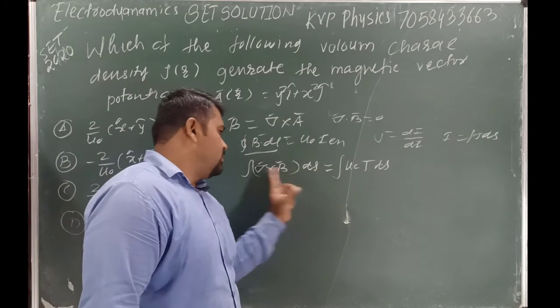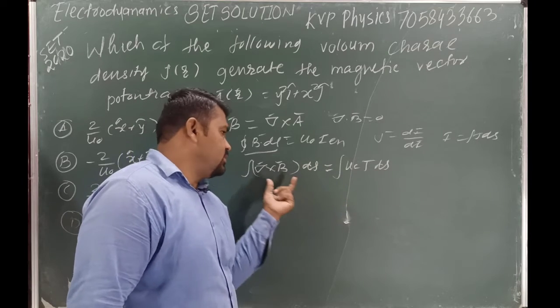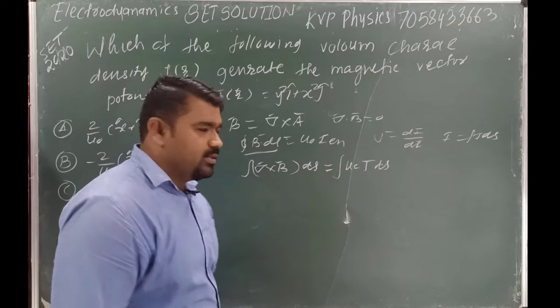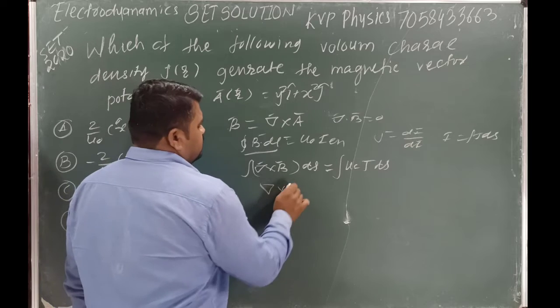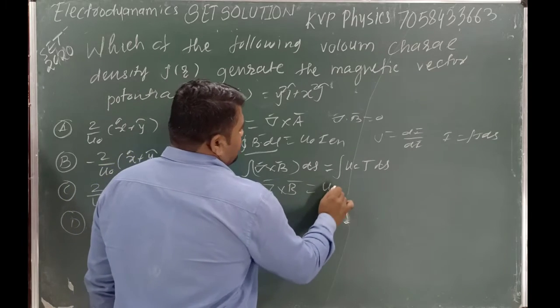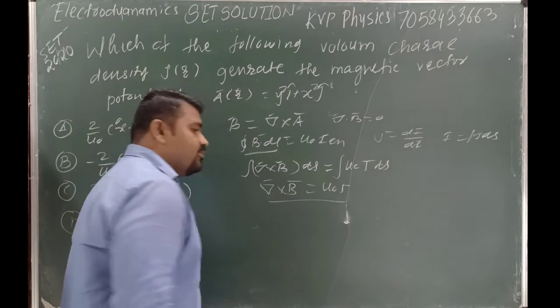Comparing these two terms, del bar cross B bar is equal to mu naught J.